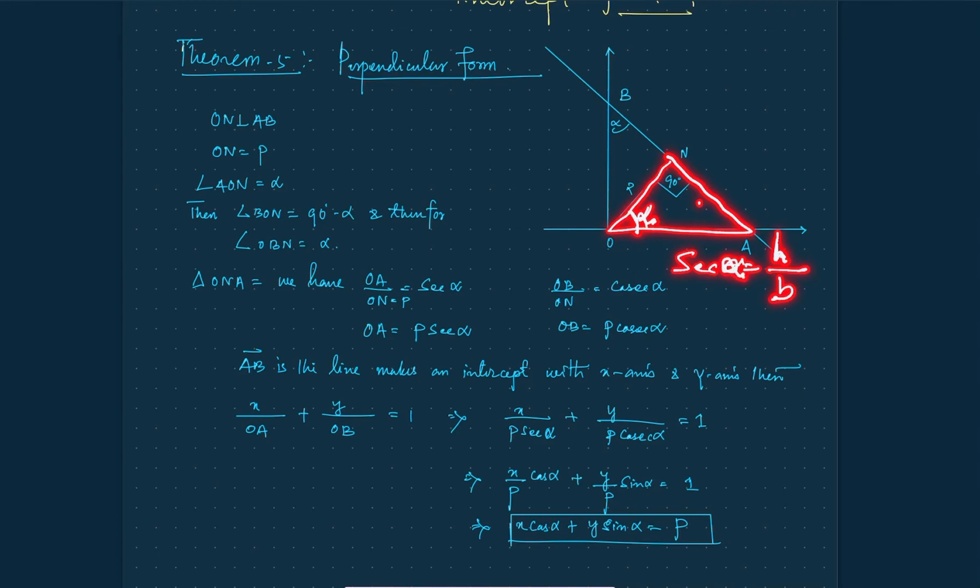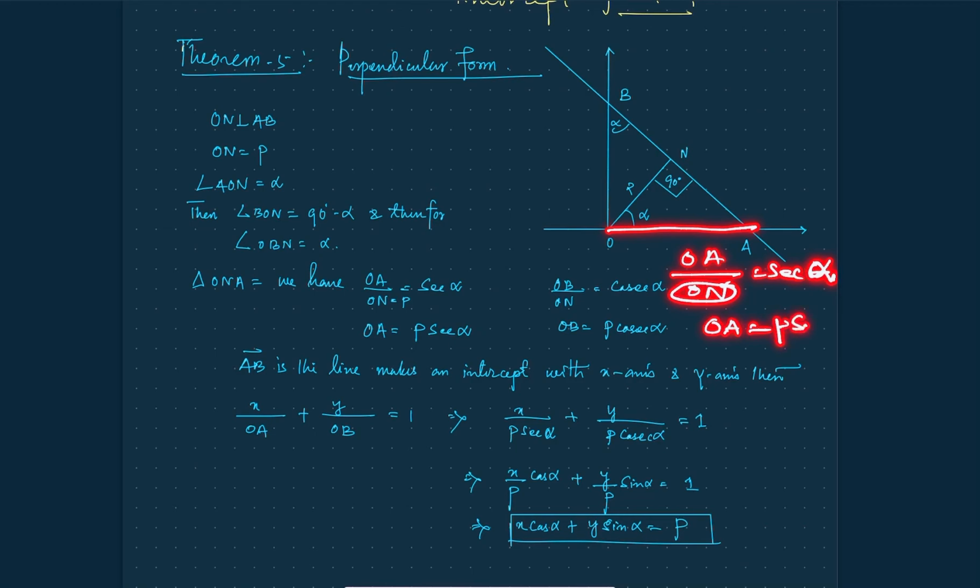So OA divided by ON is equal to sec alpha. What is ON? ON is equal to p, so OA will be equal to p into sec alpha.